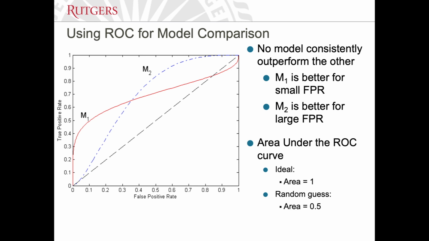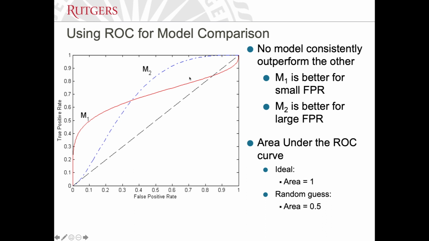In this case, Model 1 performs better than Model 2 when the false positive rate is less than, let's say, 0.36. But Model 2 performs better than Model 1 when the false positive rate is greater than 0.36.